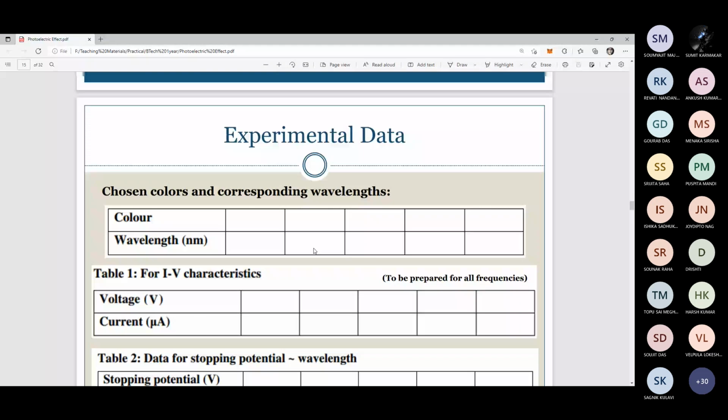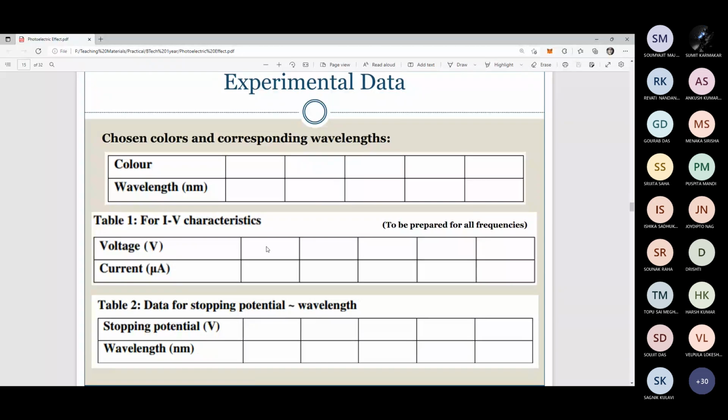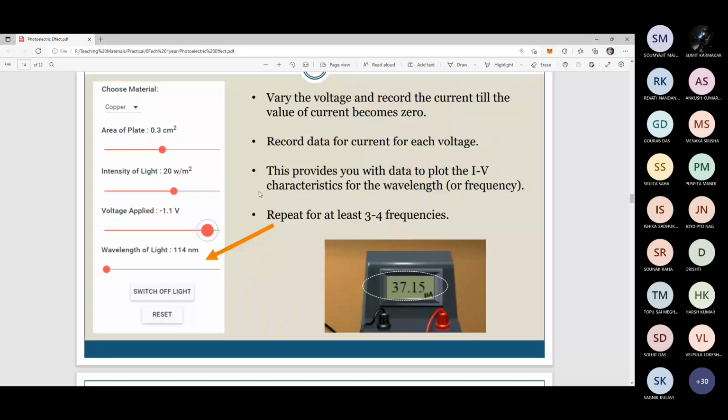Suppose for each one you have calculated the stopping potential, right? For a particular frequency, for a particular color, or we can say a different wavelength, you have to choose. Then by varying this, you can calculate the stopping potential. For one color, the stopping potential is this.